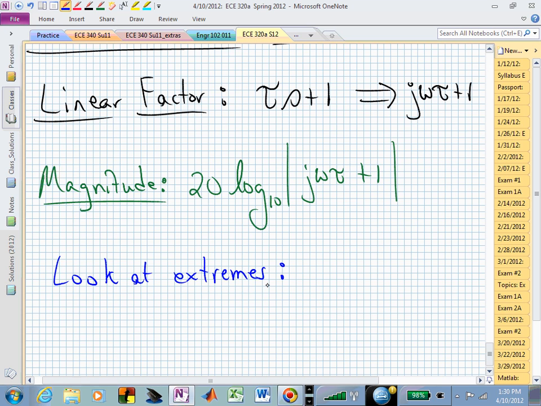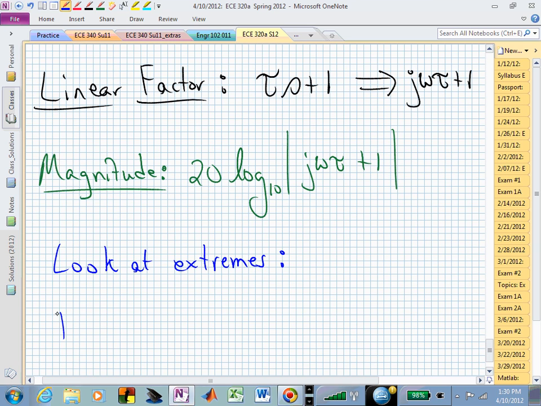The first extreme, let's say that for frequencies such that omega tau is much less than 1. So now we're comparing the real component and the imaginary component of this complex number. The first extreme that we are going to consider is, let's assume that this imaginary part of this complex number, omega tau, is much less than 1.